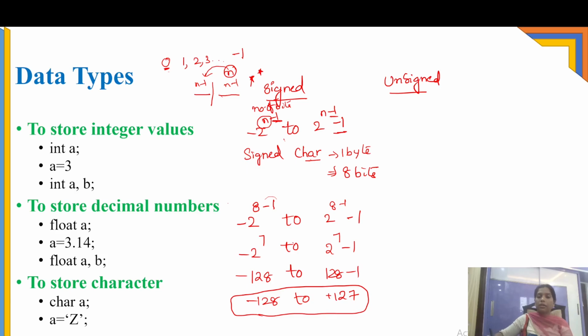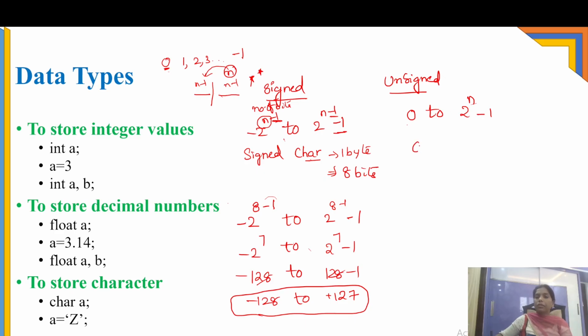So minus 128 to plus 127 is the range of signed char. In the same way for unsigned, the formula is 0 to 2 power n minus 1, since it contains only positive values. Why is there no minus 1 in the exponent? Because all the values are included in the positives only.